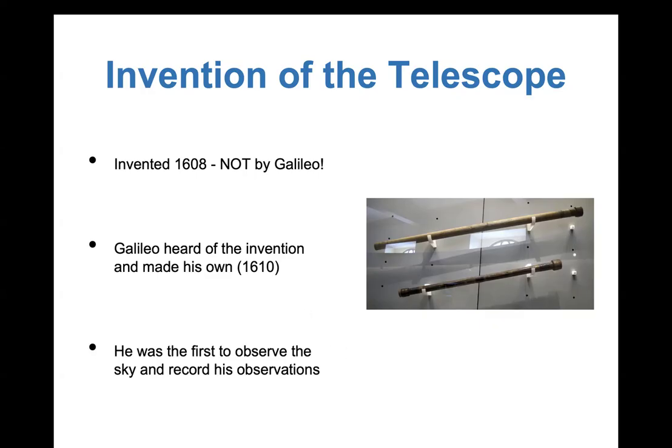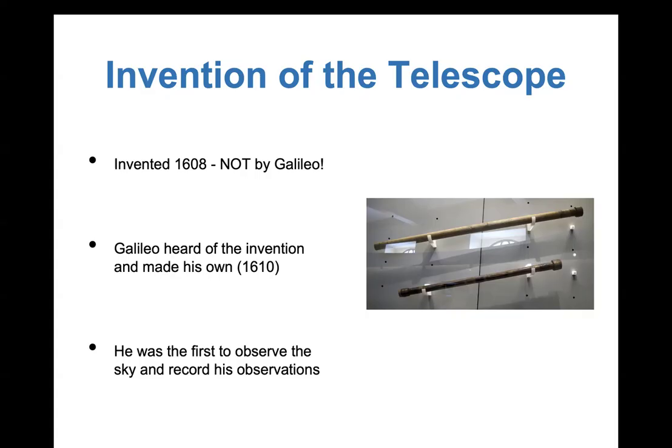Remember, he was trying to confirm the heliocentric model. And so he had particular goals, which probably drove his observations and gave them the historical resonance that they have, where we can see how important they were. He confirmed the phases of Venus matched the Copernican model, not the Ptolemaic model.